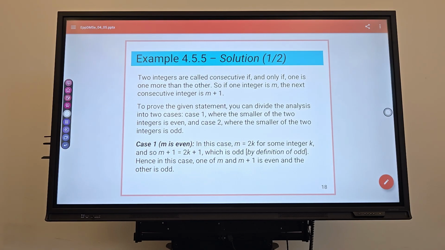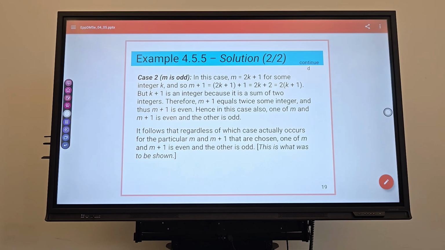Case 1. In this case, m is equal to 2k for some integer k. So m plus 1 equals 2k plus 1, which is odd by the definition of odd. Hence, in this case, one of m and m plus 1 is even and the other is odd. Case 2. In this case, m is equal to 2k plus 1 for some integer k.